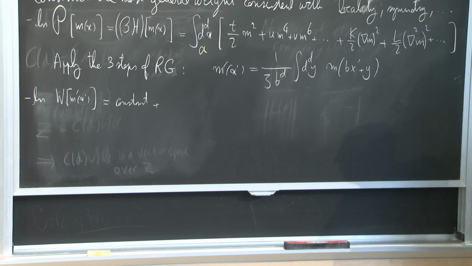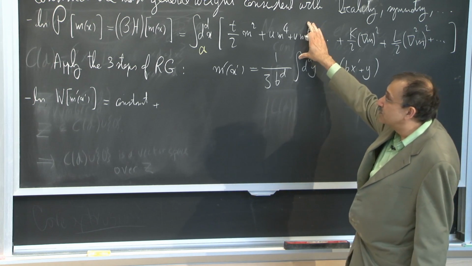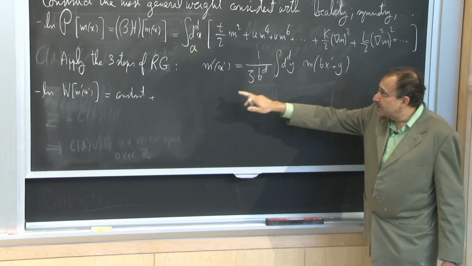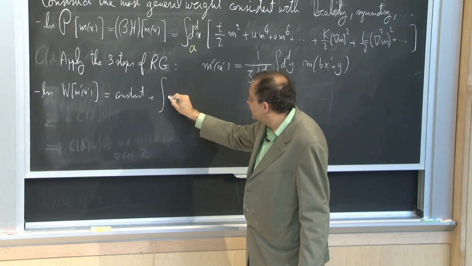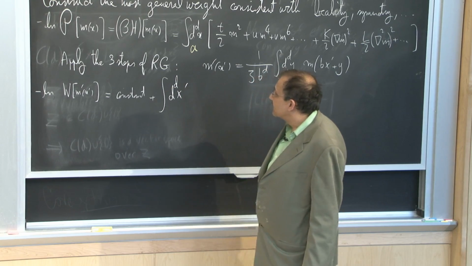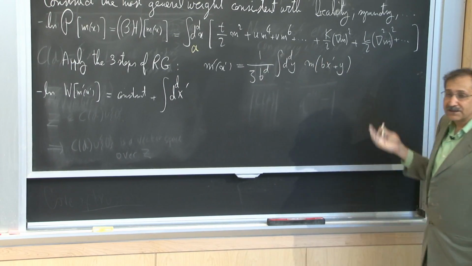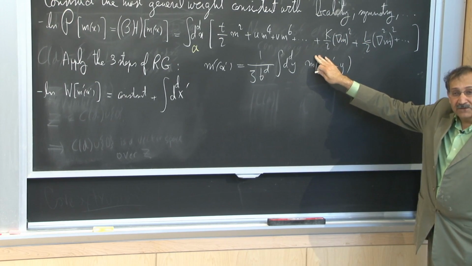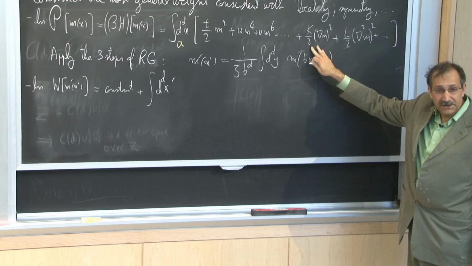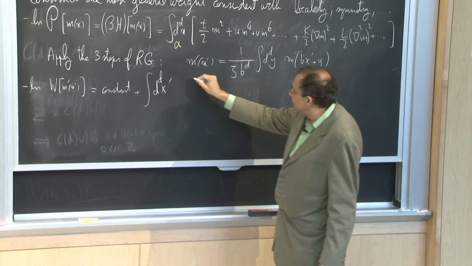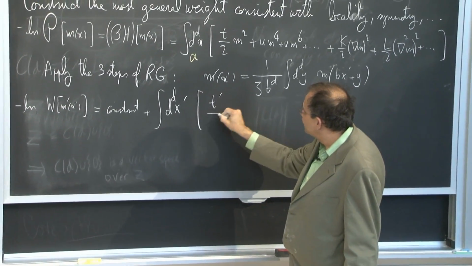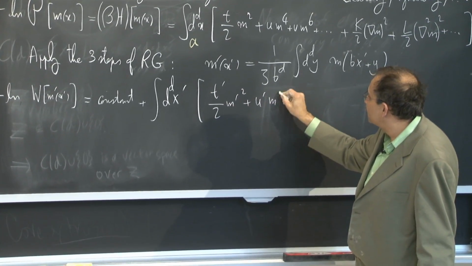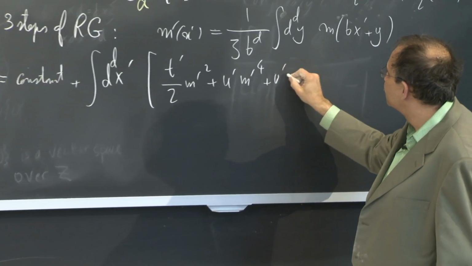Now the statement is that since I wrote the most general function over here, whatever I put here will have to have exactly the same form. Because I said put anything that you can think of that is consistent with symmetries over here. So you put everything there. What I put here should have exactly the same functional form, but with coefficients that have changed.